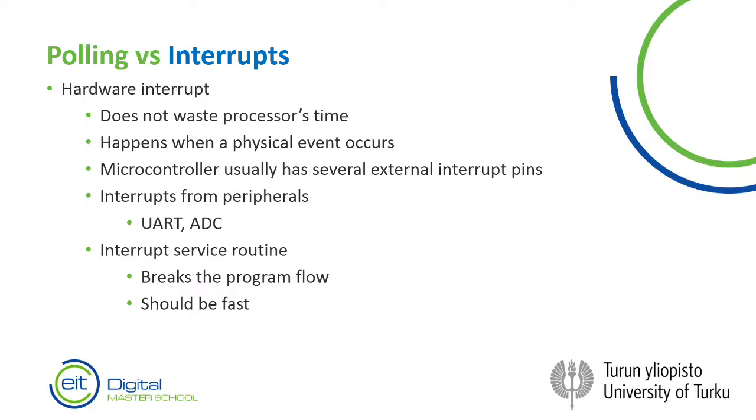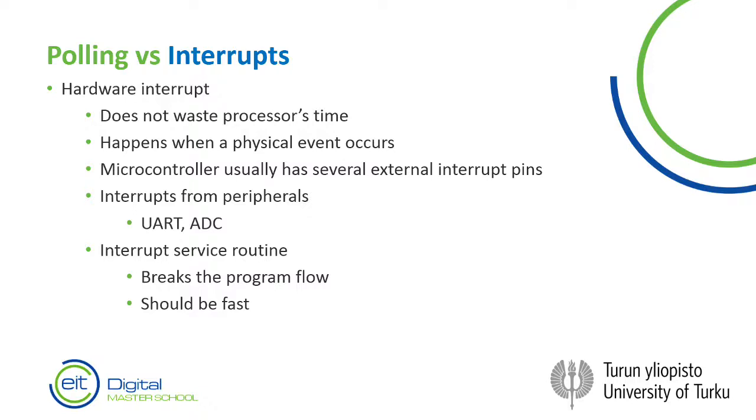Microcontrollers have one or several external interrupt pins, which gives a developer the possibility to process the incoming event. A raise or fall of voltage on the corresponding pin can be an event. An interrupt might also happen when, for example, the ADC conversion has finished or when some data has come to the receive buffer of the UART register, which is very convenient.